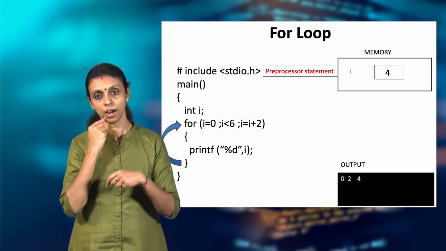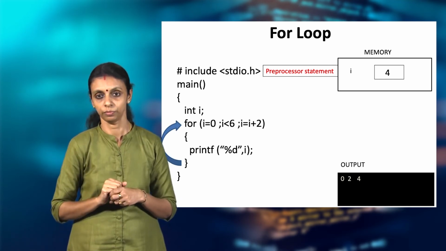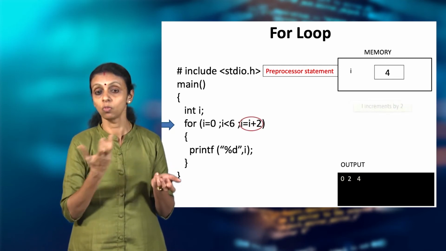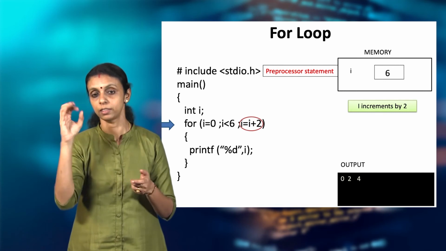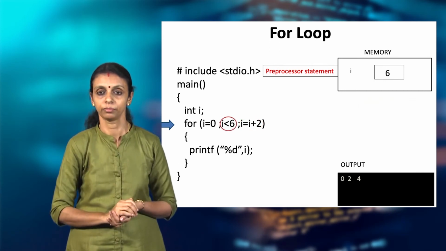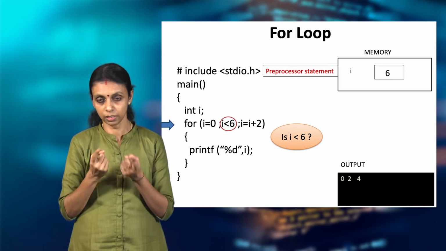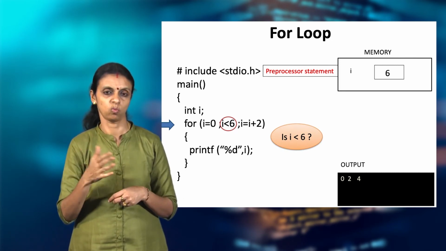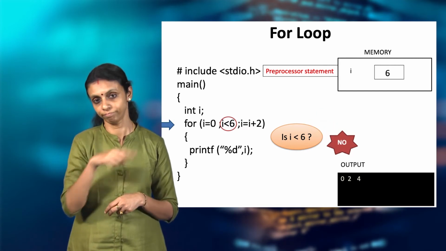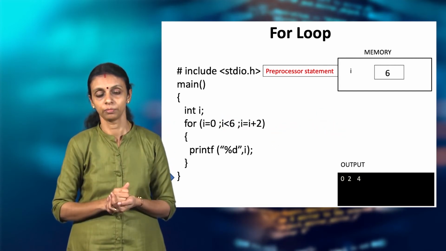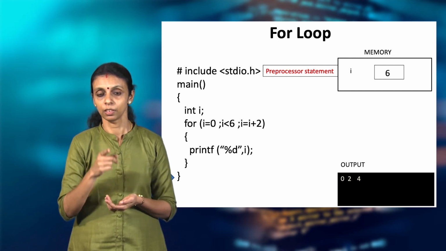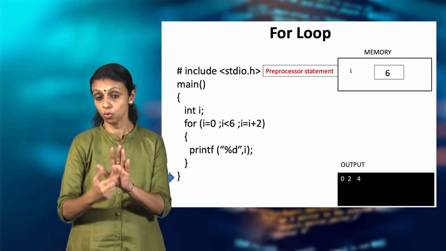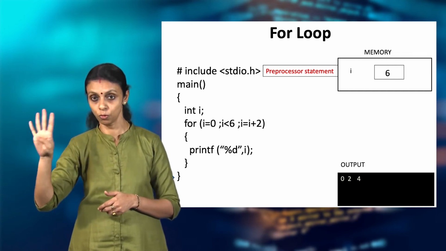Then update expression, I is equal to I plus 2, that is I is equal to 4 plus 2, 6. Checks the condition, I less than 6? No. Now the loop stops. It stops executing the loop. So, the output is 0, 2, 4.